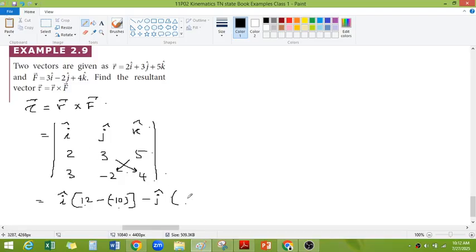So 2 fours are 8, minus 5 into 3. So you have to leave this line. That's a mathematical method. So 3 into 5 is 15. Plus k vector. Again you have to leave this line and this line, so you have to multiply only these 4 things. So 2 into minus 2, it will be minus 4, minus 9, 3 into 3, 9. That's all.